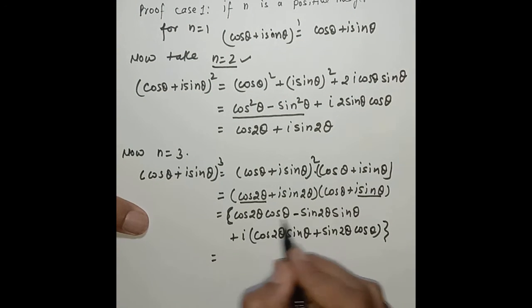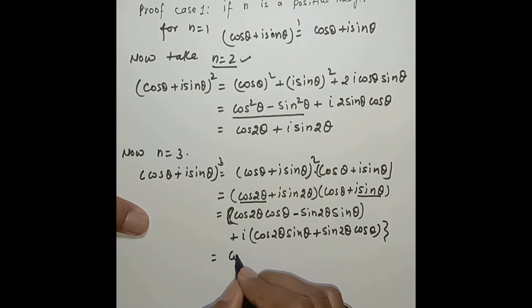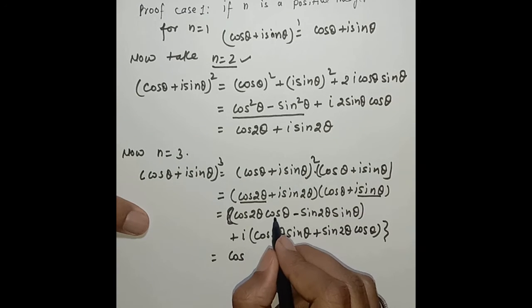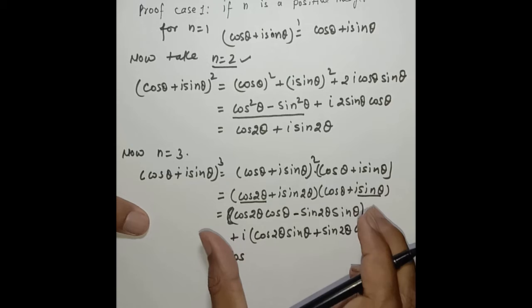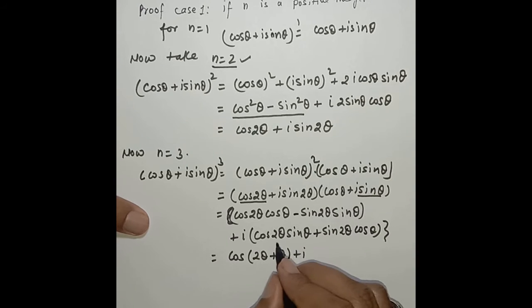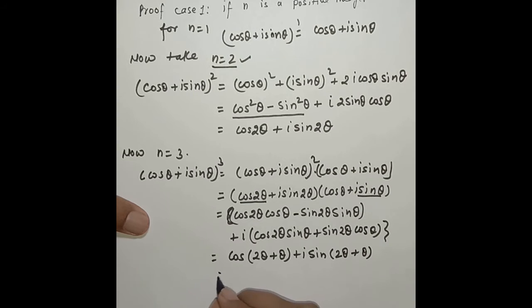And by trigonometry we know that cos(A + B) is cos A cos B minus sin A sin B, so this is cos(2 theta + theta), plus i times sin(A + B), which is sin A cos B + sin B cos A. This is equal to cos 3 theta + i sin 3 theta.